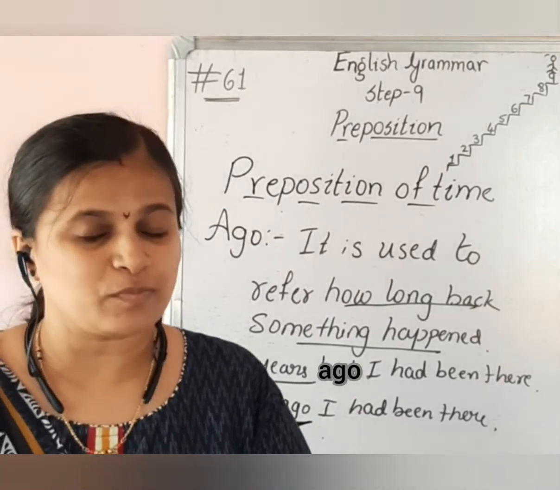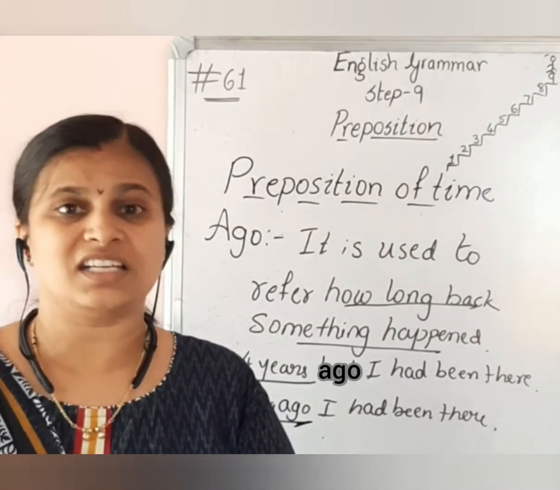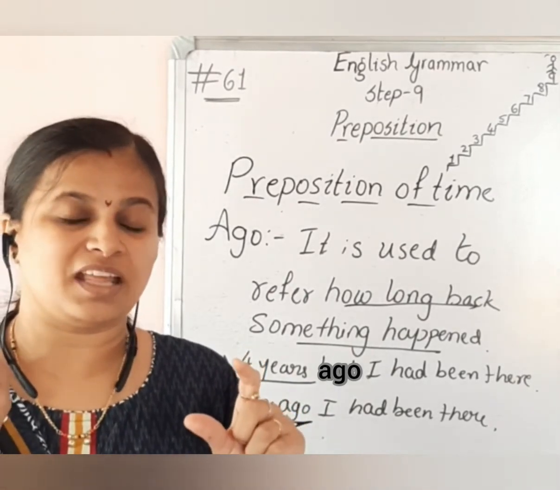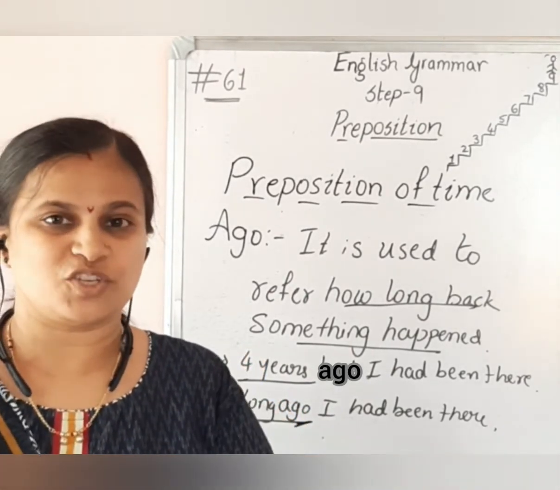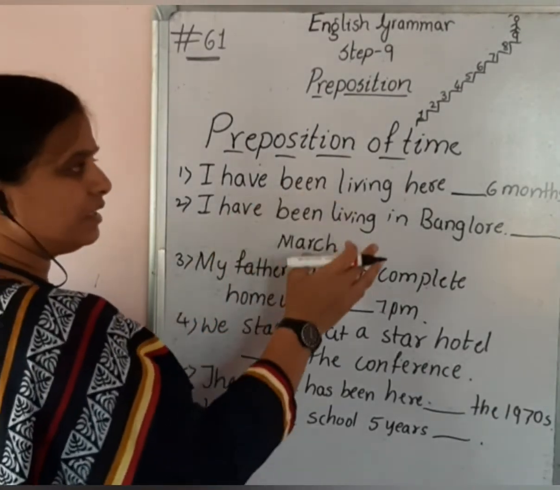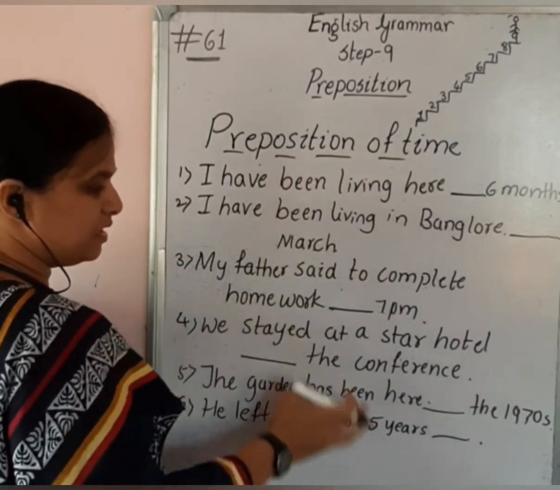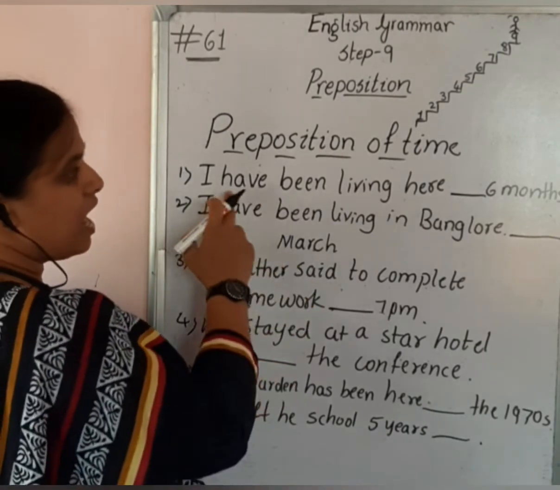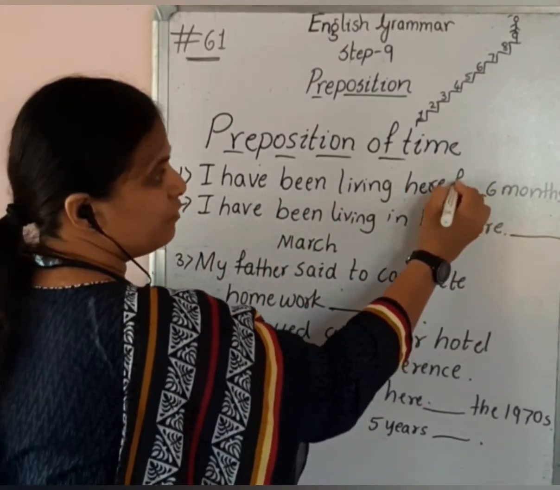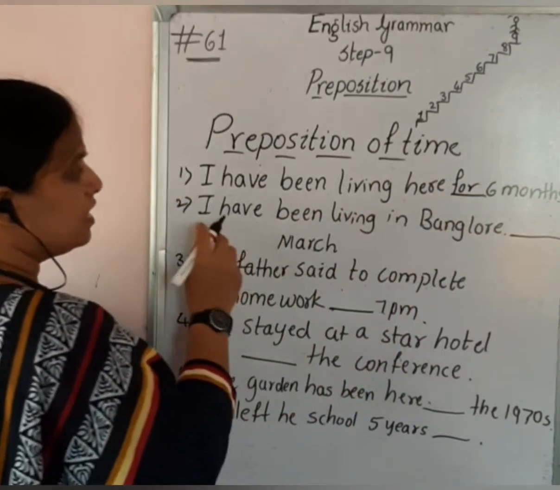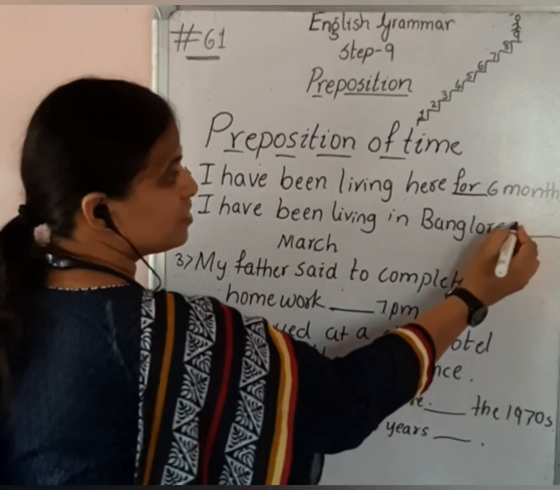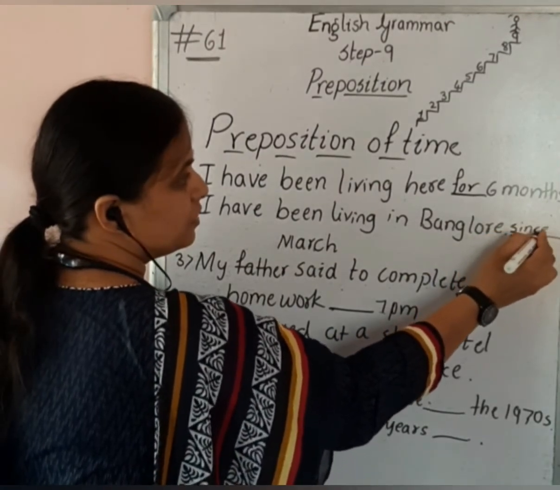I hope the concept of preposition of time is clear now. Let's have some sentences and try to fill in the blank with the correct preposition of time. Okay, I have been living here for 6 months, right? Without thinking much we can get it. I have been living in Bangalore since March, right?